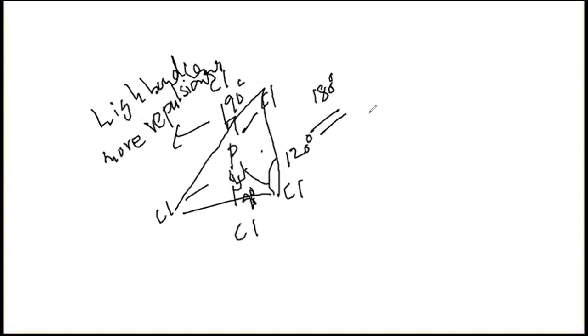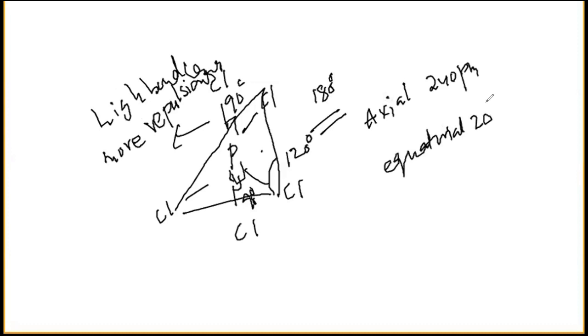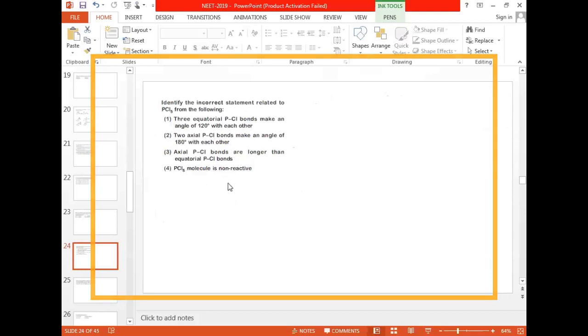Generally, the axial bond length is 240 picometer, whereas the equatorial bond length is 202 picometer. All these 3 statements are correct. The left one is the fourth one, which says non-reactive, and it is a wrong statement; it is more reactive.